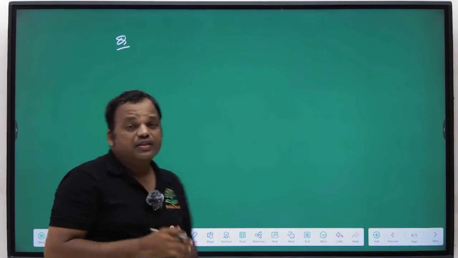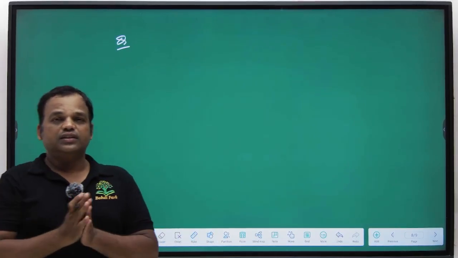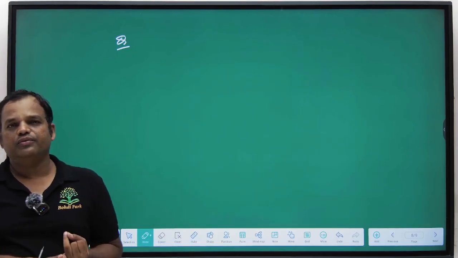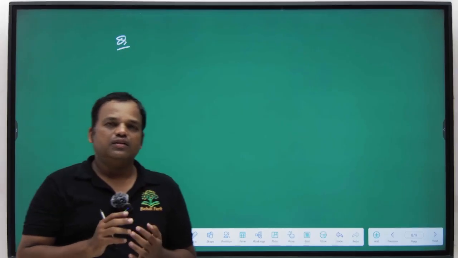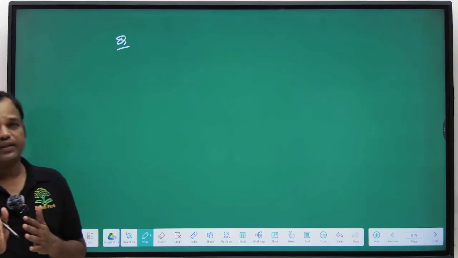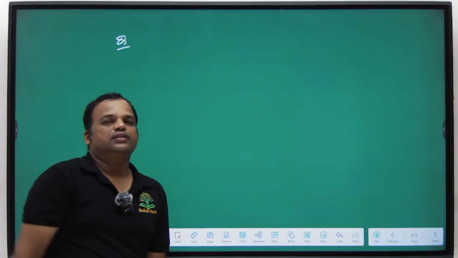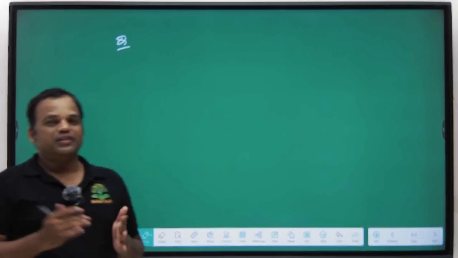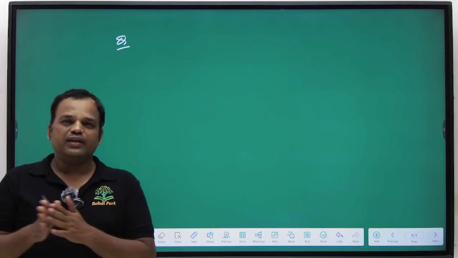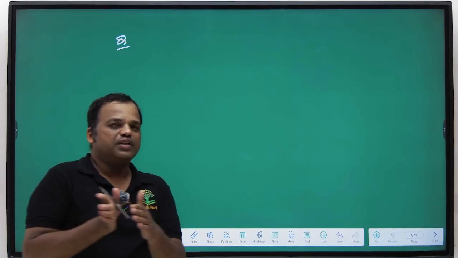Now, in the previous two examples, we have discussed rightward motion. As you observe, u, v, a, s, these all vector quantities are positive. So the particle is traveling along rightward direction. Now let's solve some questions in which the particle is sometimes going left, and for the remaining time it is going right.